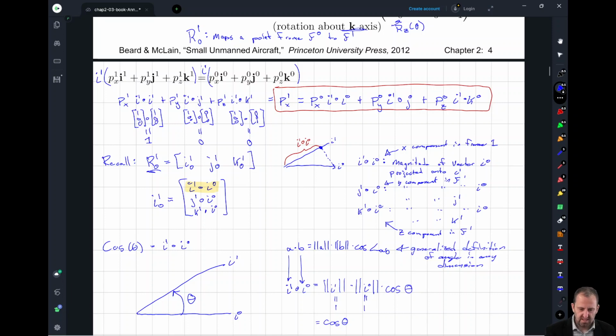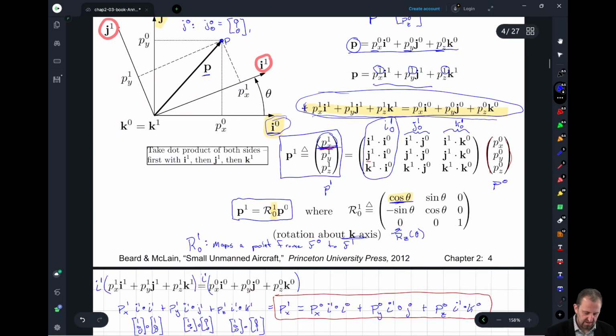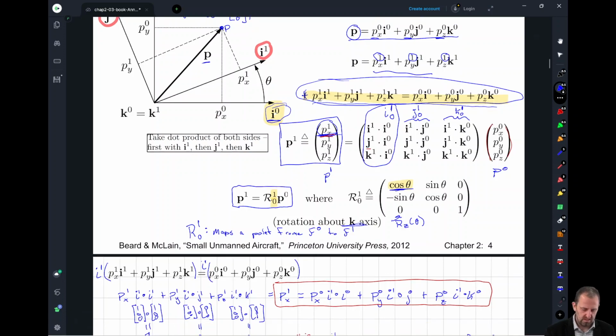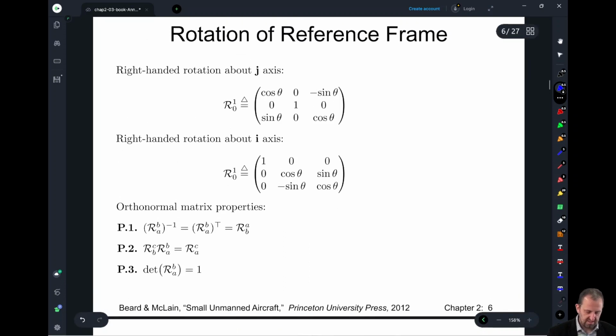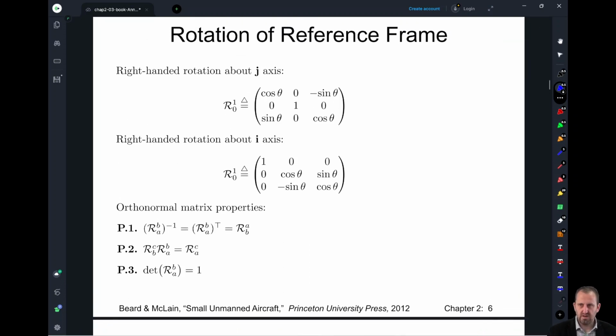Excellent. So we now have taken a look at this nice relationship between two points, or it's the same point written with two different representations, coordinate frame 0 and coordinate frame 1. Now we have just a summary page of our rotation of a reference frame.